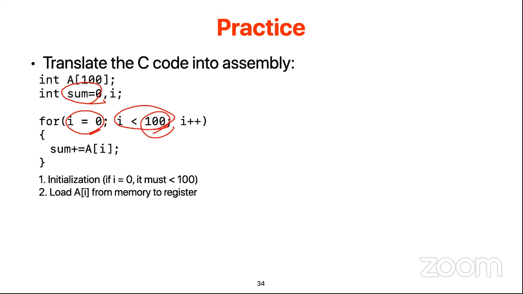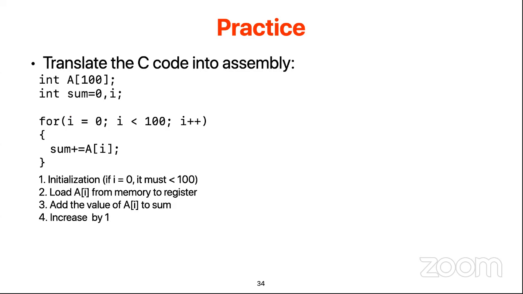But within the loop, what we need is to load the content of A[i] from memory to the register and sum it up. Where to load, we have practiced in the previous question. And how to sum, there's an instruction called add to help us do that.